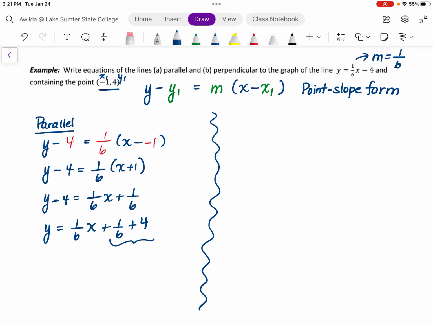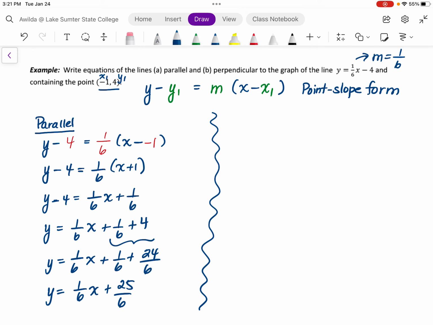To be able to combine them into a single term, I'm going to rewrite 4 as 24 over 6. Finally, we see that y is equal to 1 over 6 times x plus 25 over 6.